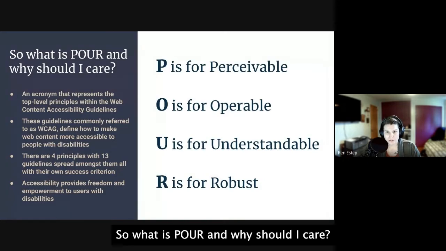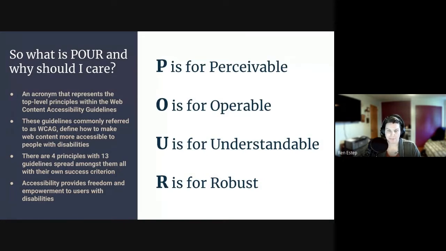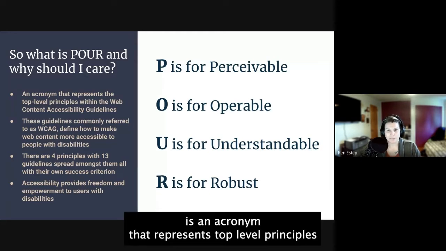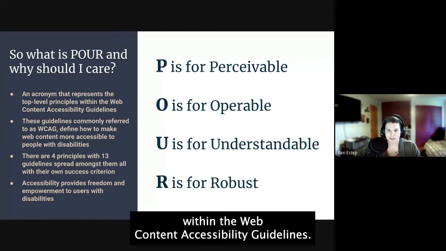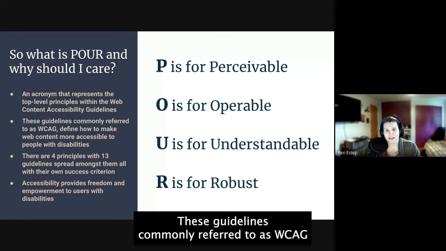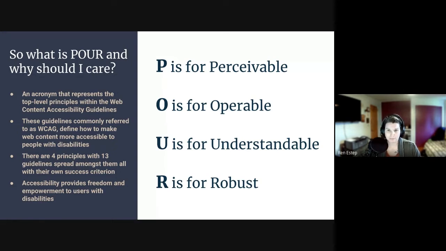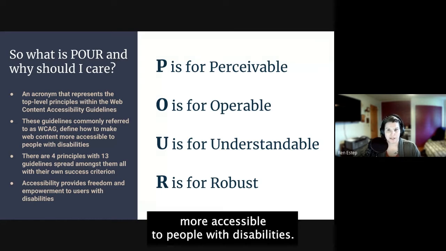So, what is POUR and why should I care? As stated before, POUR, P-O-U-R, is an acronym that represents top-level principles within the Web Content Accessibility Guidelines. These guidelines, commonly referred to as WCAG, define how to make web content more accessible to people with disabilities.